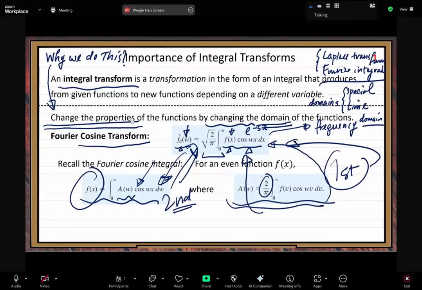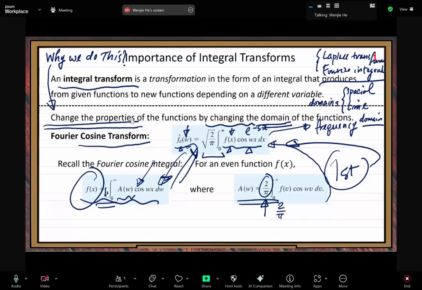Why do people use that square root of pi over 2? Because for this pi over 2, you have the transform side and the inverse side, and the coefficient at the transform side is pi over 2, but the coefficient at the inverse transform side is 1. It's not balanced, right?